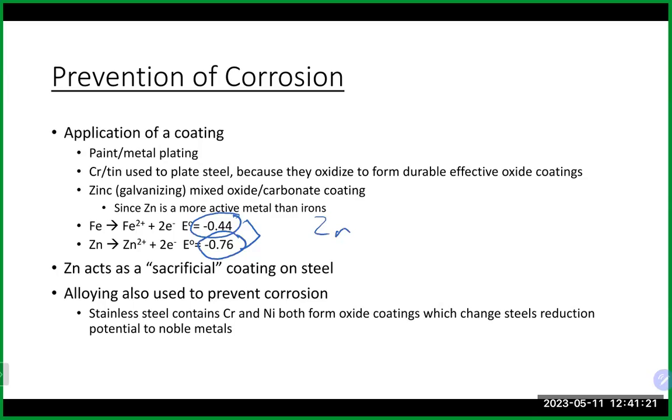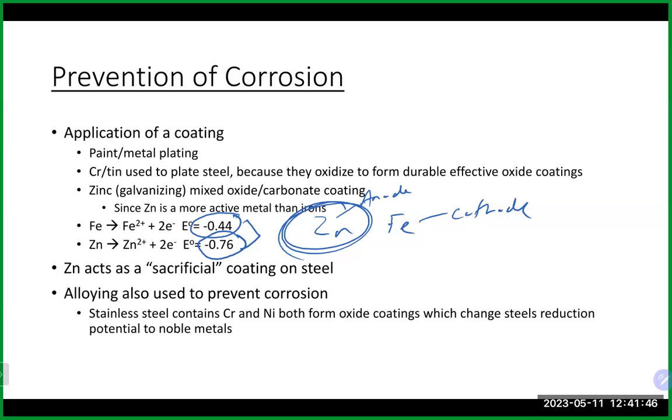So when we do some type of galvanizing, the zinc is going to be our anode and the iron is going to be our cathode. So pretty much all the bad stuff happens to the coating, the zinc, and it protects the iron that may be underneath it, sometimes referred to as a sacrificial coating.